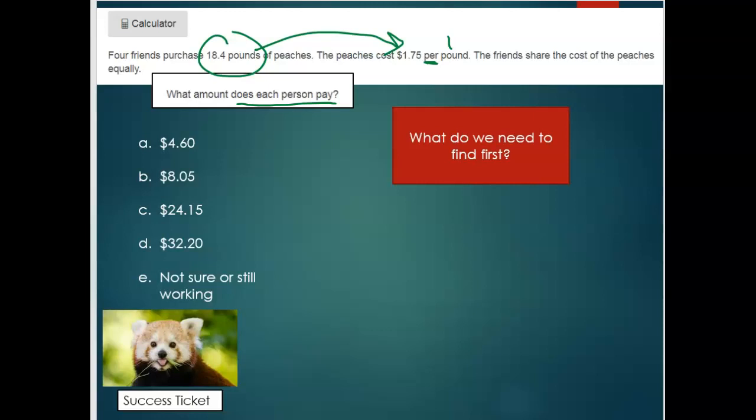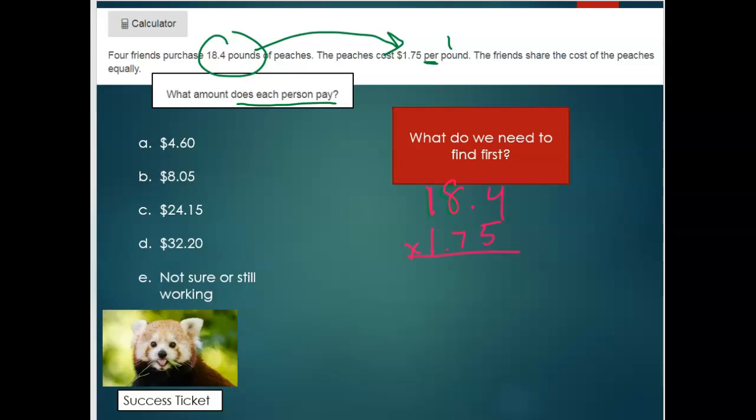All we need to do is multiply 18 and 4/10 times $1.75, and it'll get us a total cost of those peaches. We need the total, again, because we're trying to figure out how much each person pays for the peaches, not just 1 peach or a couple pounds of peaches. It's all the peaches. How much does each person pay?